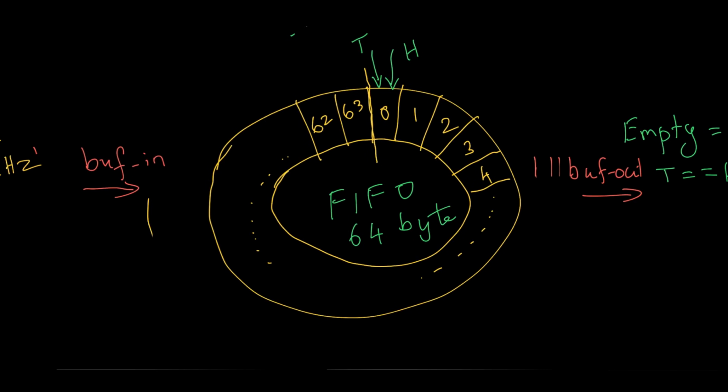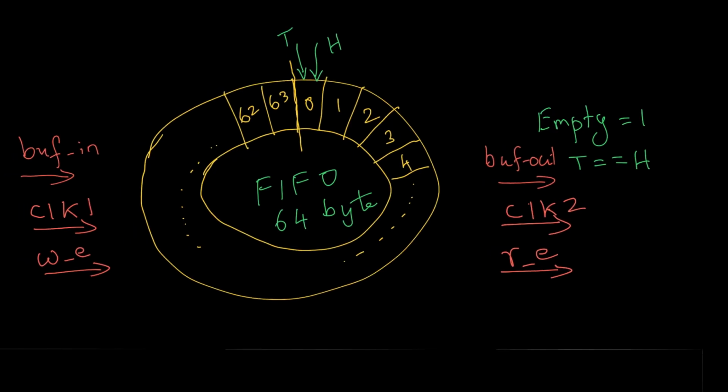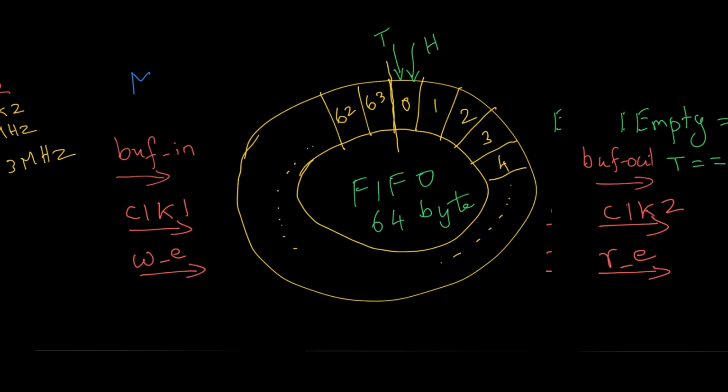Clock 1 is going to govern the write, so you have a write enable, and a clock out for reading out, and a read enable for reading out. If module 1 wants to write something into the FIFO, it will issue clock 1 and write enable, and also supply the buffer in.